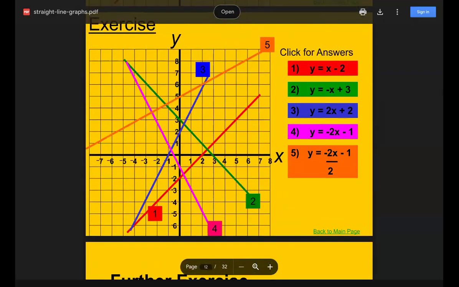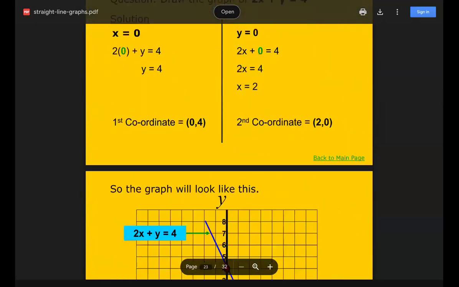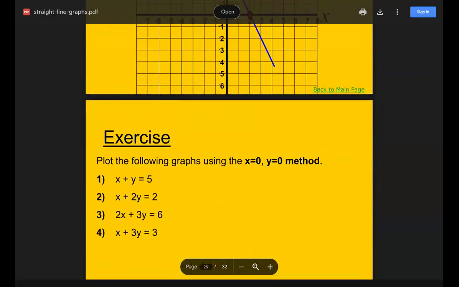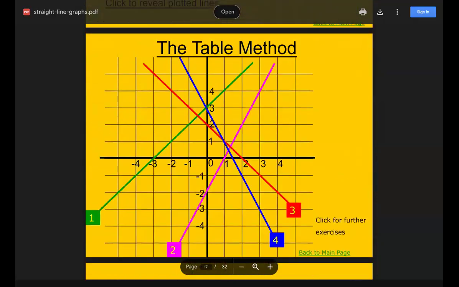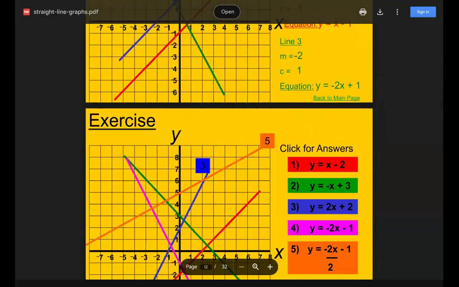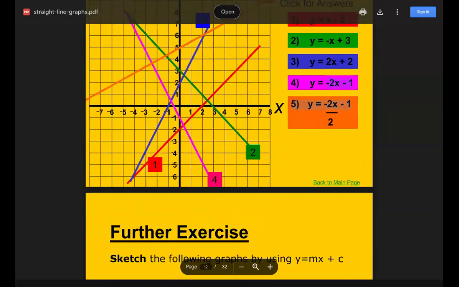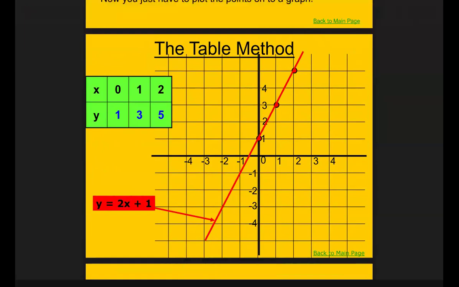So we are asked to find the equation of this graph. When you want to find that, you must work out the gradient first.